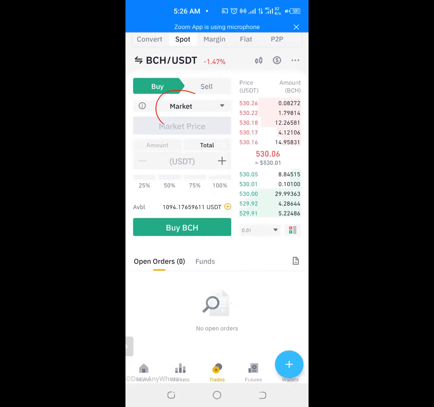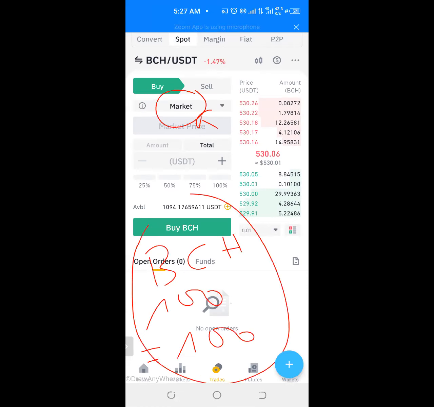And it's only on Binance that you get this most of the time. Because what you need to understand is that if you are to buy Bitcoin Cash, for example, of $100, there should be somebody willing to sell Bitcoin Cash to you at $100 too. And if this does not happen, if you are selling your coin and there's nobody to buy, that means there is not enough liquidity and you are going to wait for some time for your order to be filled.